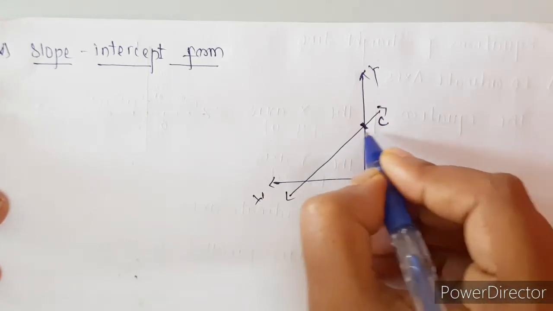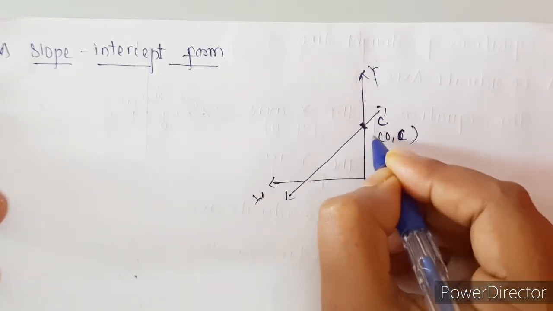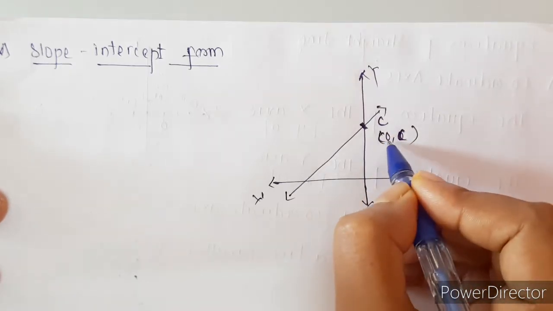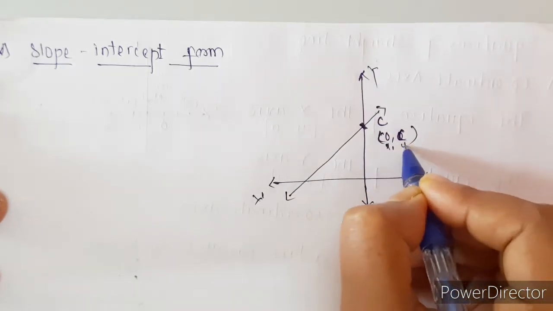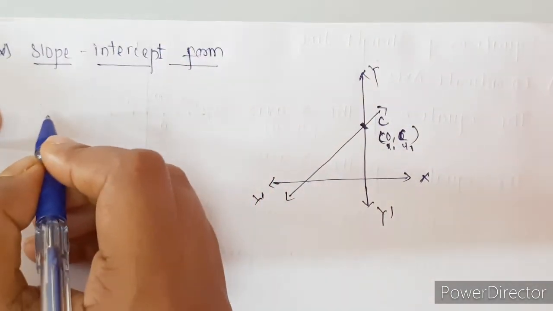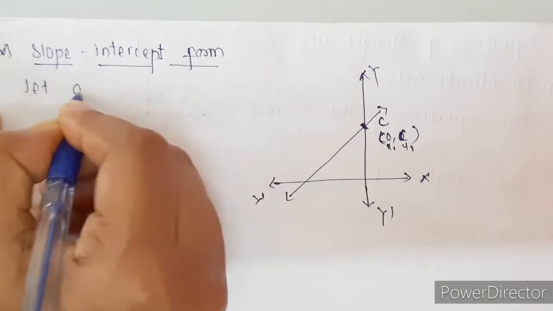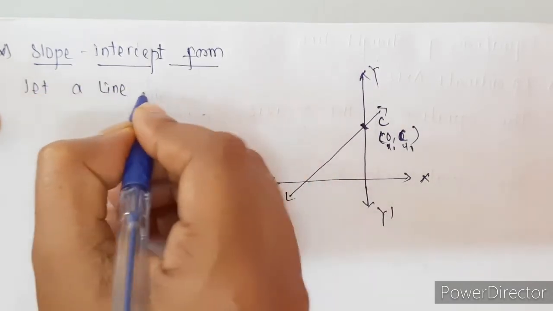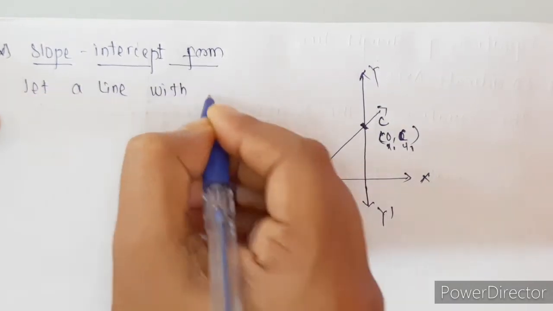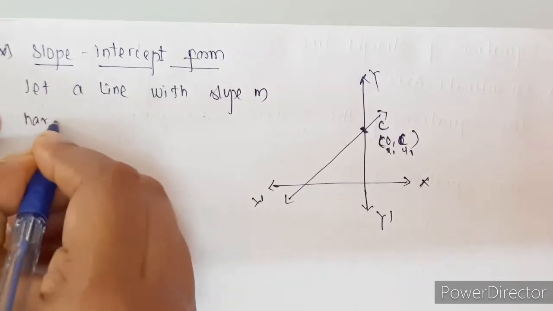Now what will be the coordinate of this point? It will be 0, c. So x1 is 0, y1 is c. Now we have to find the equation of this line. So let a line with slope m have y-intercept at C.